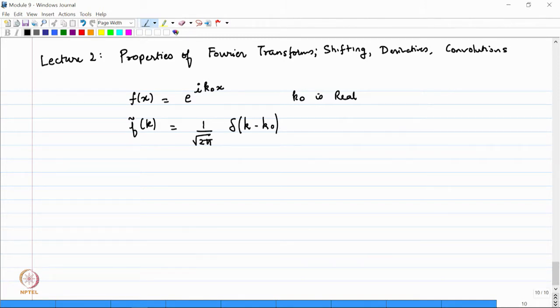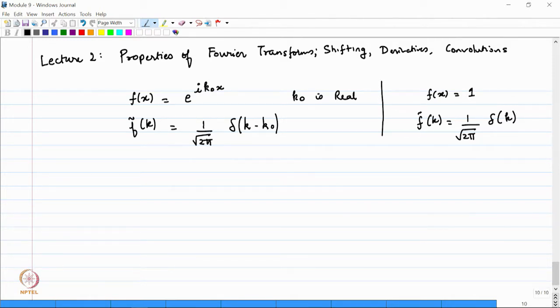Now, remember, if I had f of x equal to 1, then I would have had f tilde of k equal to 1 over square root of 2 pi delta of k. This was what we did. So, if f of x is a constant, then its Fourier transform is just a delta function.